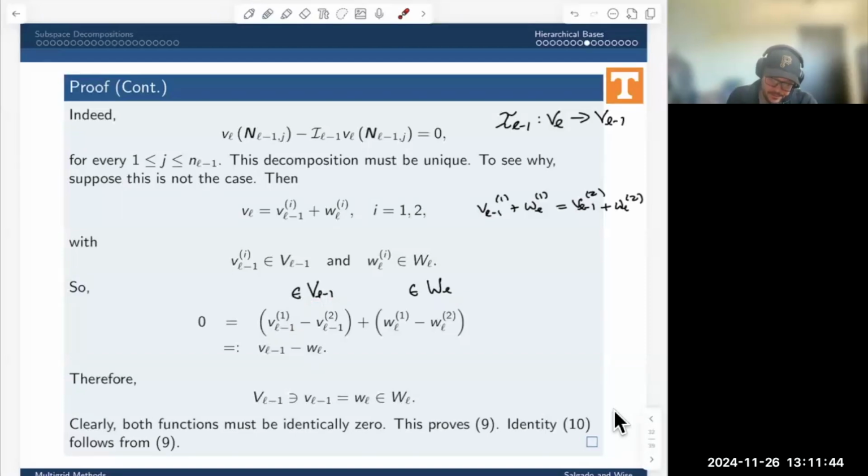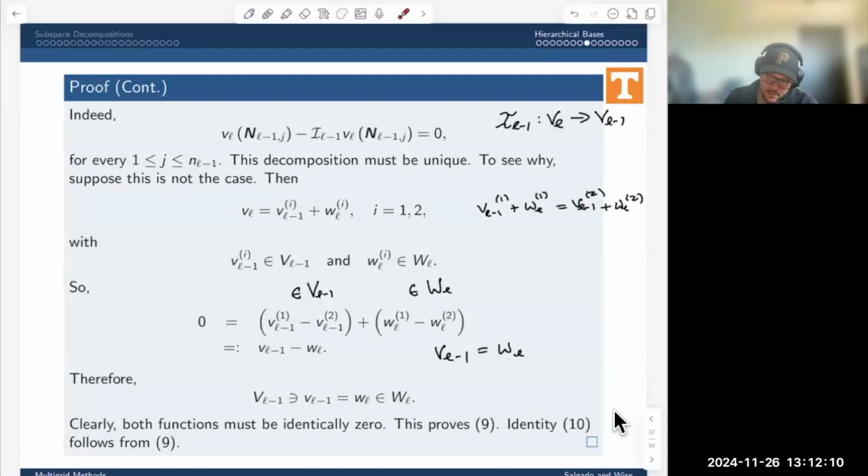Another way we could look at it is to say, notice that I'm calling minus W_L this difference here, but that doesn't matter. So you can say V_{L-1} is equal to W_L. That's another way of saying what we've just written here.